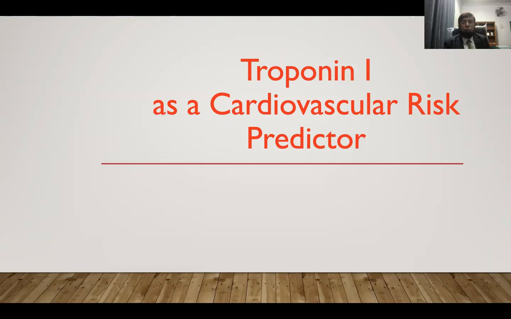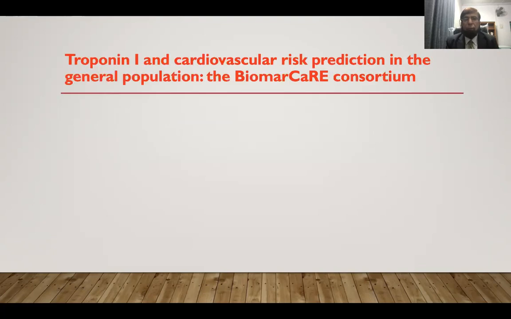Now, the last part of my talk is cardiac troponin I as a cardiovascular risk predictor. This is very interesting: since troponins are now made very analytically sensitive, you can measure lower values of troponin with confidence.